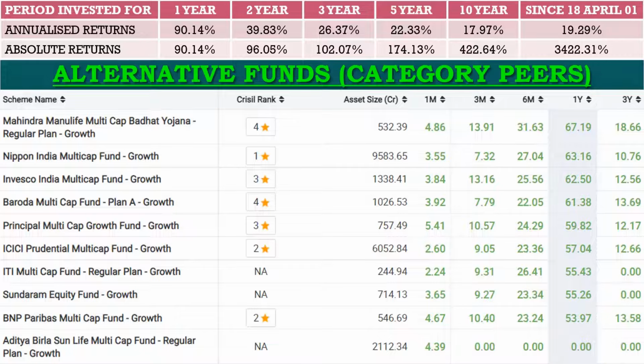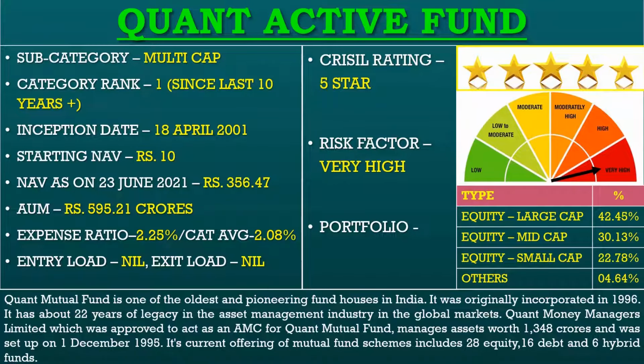This fund has totally outperformed all the other funds in the peer category or similar multi-cap funds and is improving with every passing year right from the beginning. Considering all these factors, Quant Active Fund is one of my top recommendations in equity funds.